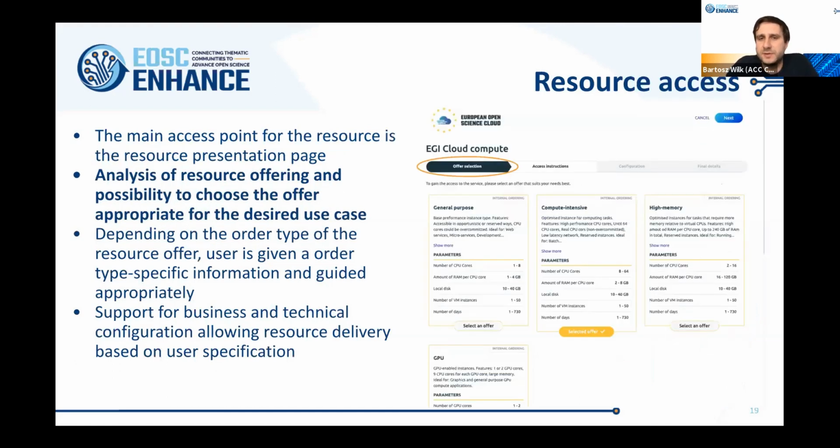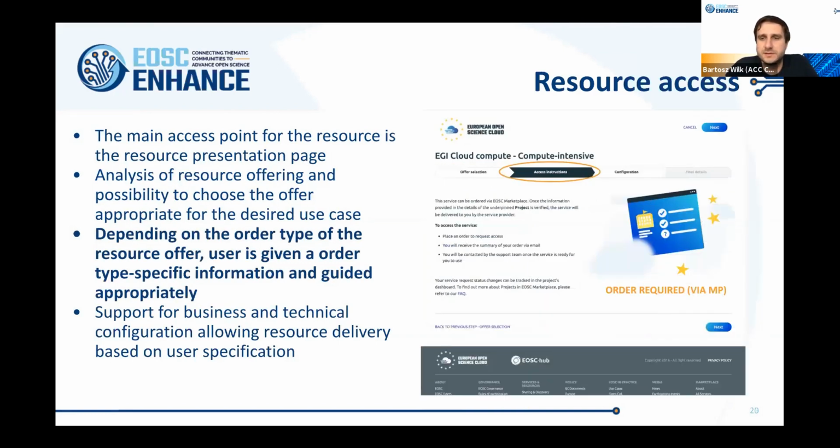Once we select this button, we are guided to the so-called resource access guide that allows us to select offers, and depending on the order type of the resource, see the access instructions connected with the type of the resource.